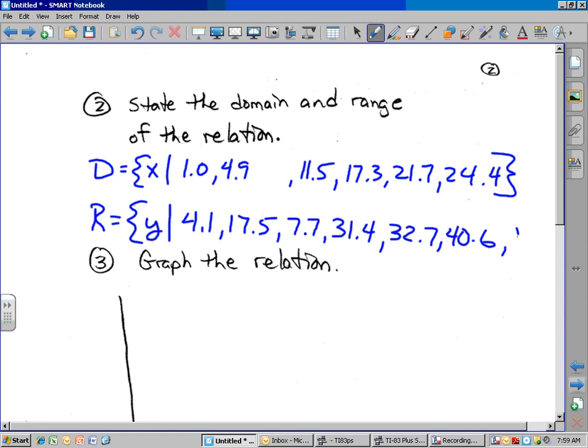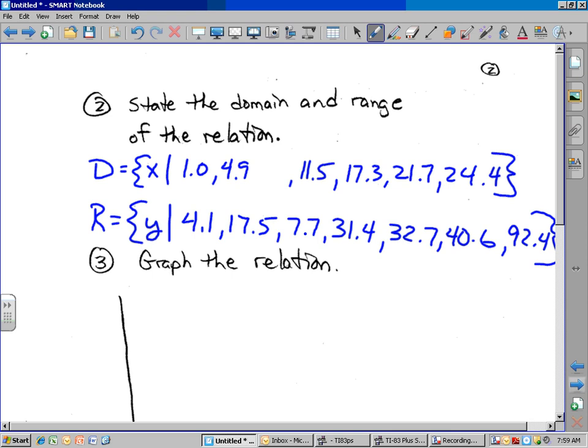What was the last one? Here's another good question. Should we put them in order? When you list the set of domain and range, should you put it in a certain order?